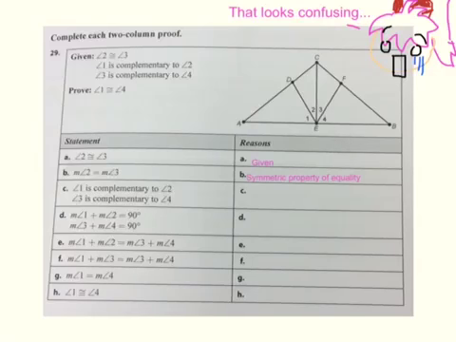And the symmetric property of equality is just saying that if A equals B, then B equals A.